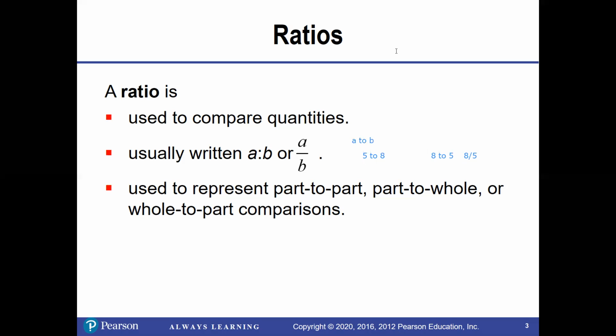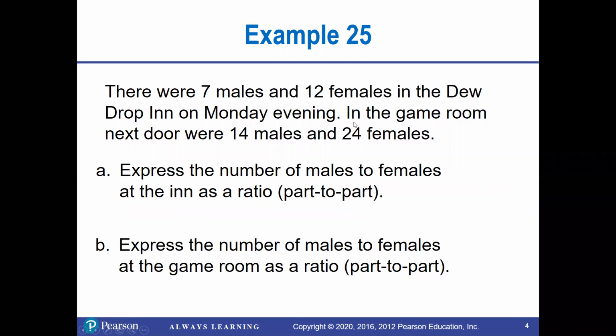All right, so let's keep it going. There were 7 males to 12 females in the Dewdrop Inn on Monday evening. In the game room next door, there were 14 males and 24 females. Express the number of males to females in the inn as a ratio.